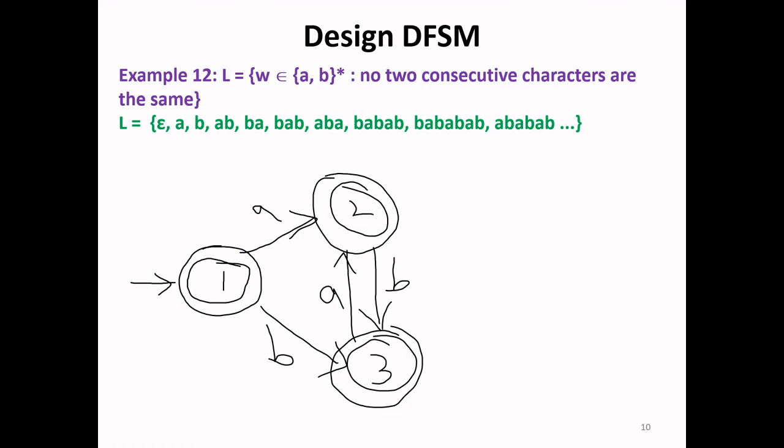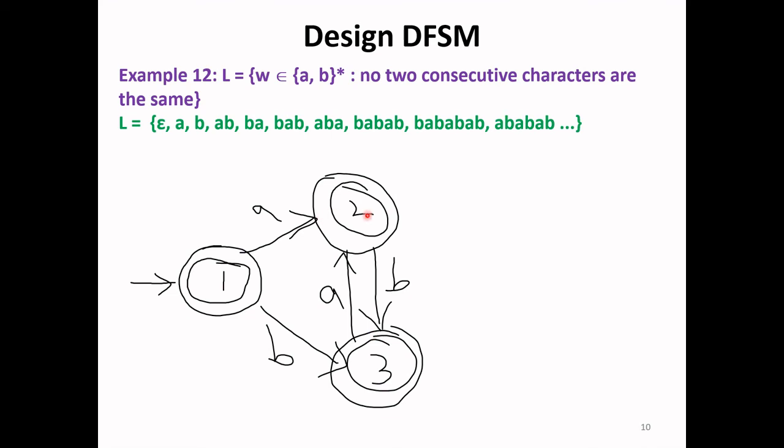Next, let us balance the DFSM, complete the DFSM. If you see here, state 1 has a transition A and a transition B. Coming to state 2, we have a compulsory transition for B. What about A? 1A already is there.